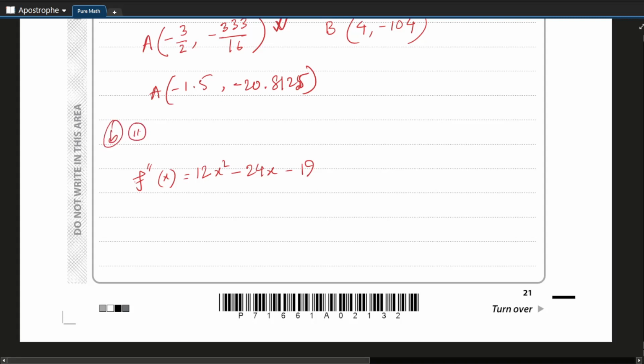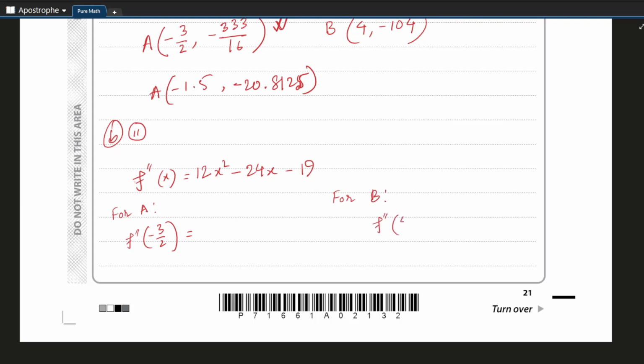So for a, f double prime of negative 3 over 2 is equal to something, and for b, f double prime of 4 is equal to something. Let me calculate those.